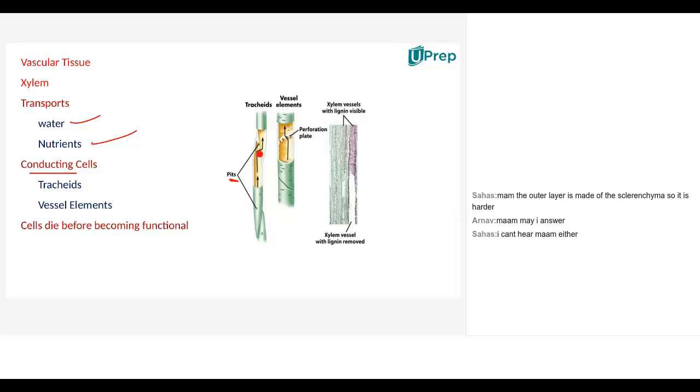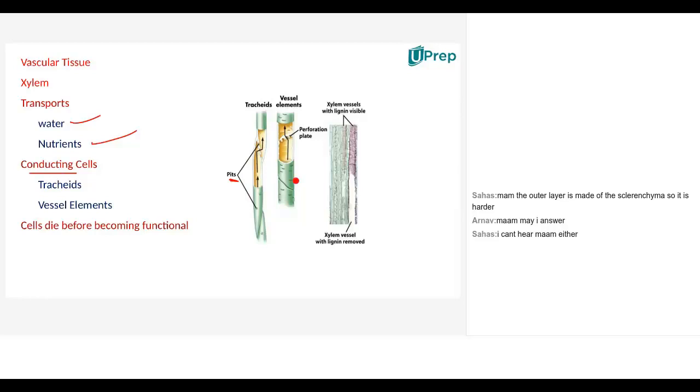Why are there gaps in this cell? Maybe to reduce the force of the water. What happens if you reduce the force of water? It's easier to transport, if the pressure is high, then we can uplift the water more easily, no? If you reduce the force or pressure, then upliftment against gravity becomes tough, isn't it?